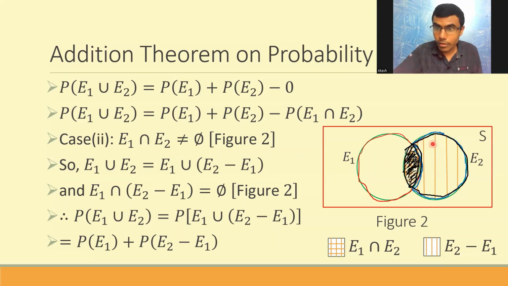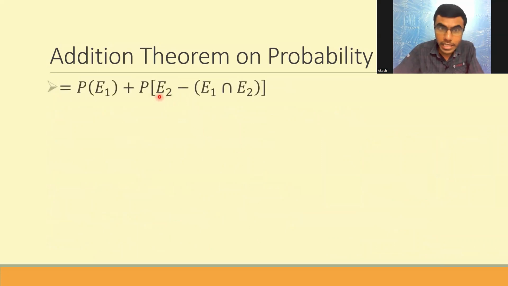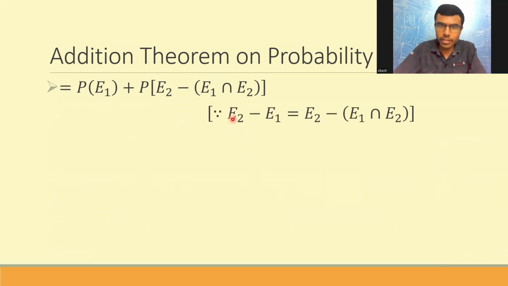So this big circle is E2, and this common black shaded region is nothing but E1 intersection E2. So I can write E2 minus E1 as E2 minus (E1 intersection E2), from the figure I explained and showed to you.